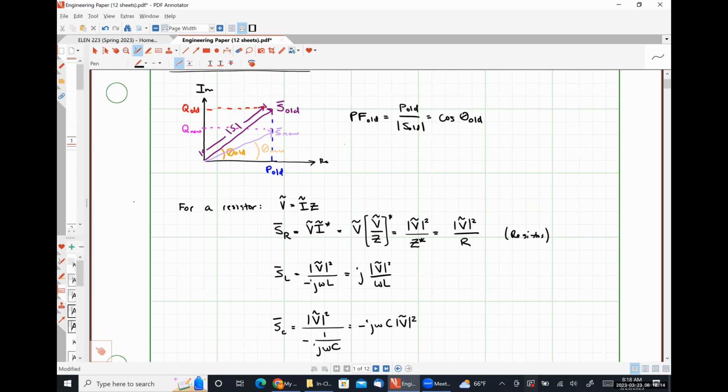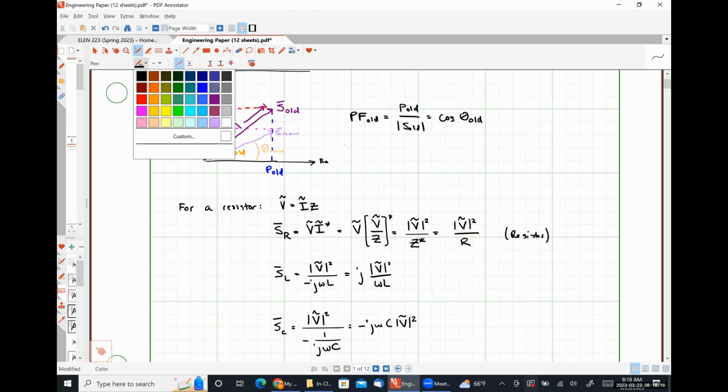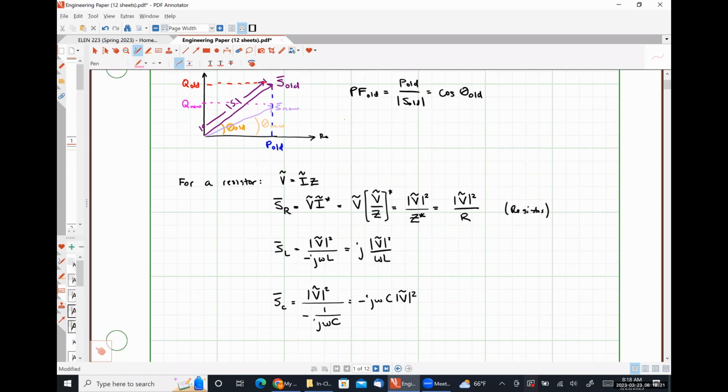So effectively what we're doing, let me do it in this light pink color, is we have some complex power that is being supplied by our capacitance. We add it to our old complex power and we get our new complex power. Okay.